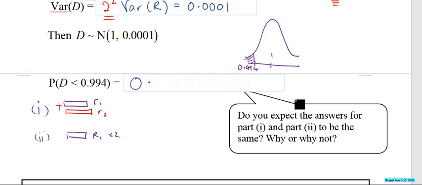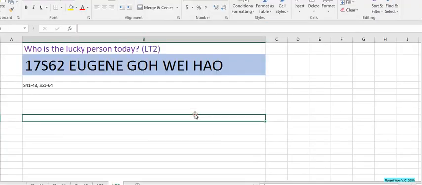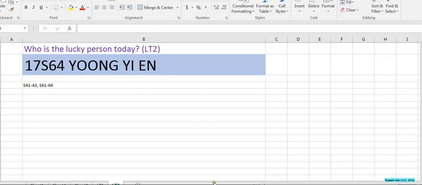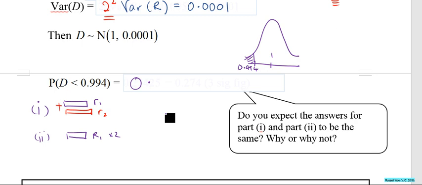Okay, another person. Ian. You get 0.425? Do you know why you get 0.425? I think it's because you keyed in this as your standard deviation.